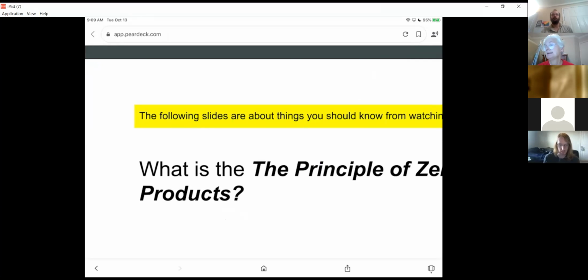So if A times B equals zero, that means that A equals zero or B equals zero.